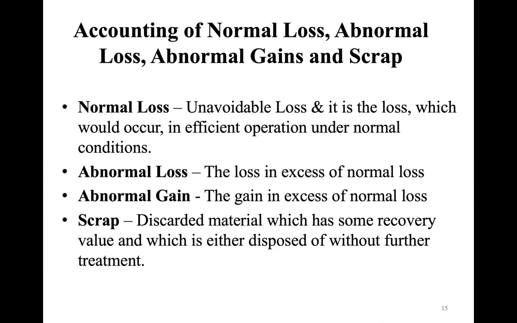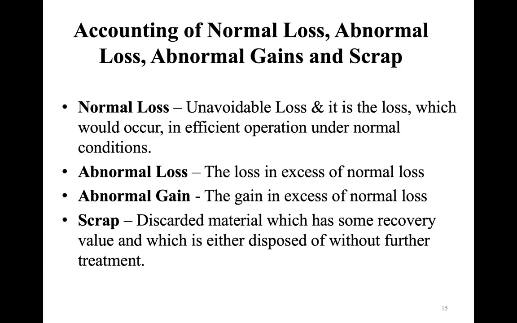The next term, abnormal loss. The loss in excess of normal loss is called the abnormal loss. So if there is something more than this expected or unavoidable loss, the normal loss, then that we call the abnormal loss. Anything more than the normal loss. Then we have abnormal gains, right? Abnormal gain is the gain in excess of normal loss.